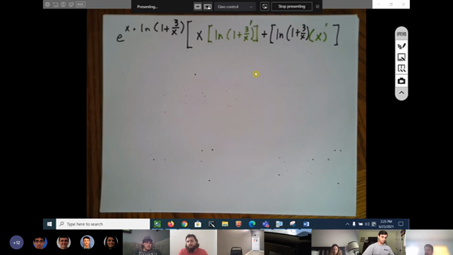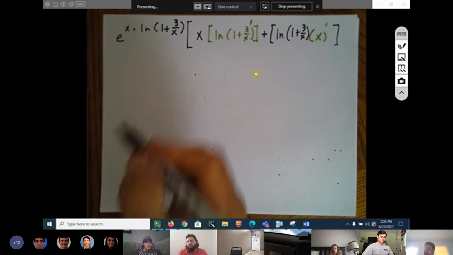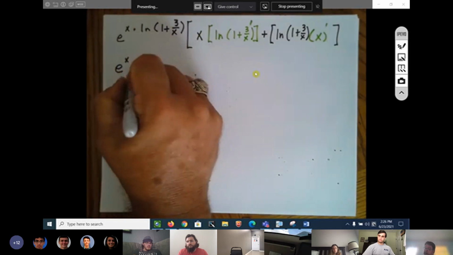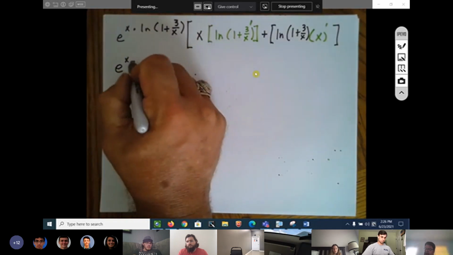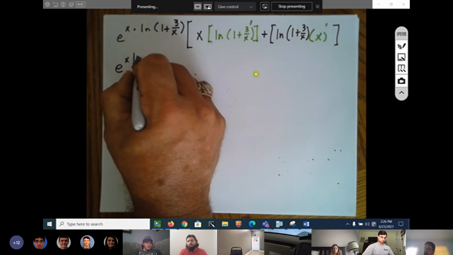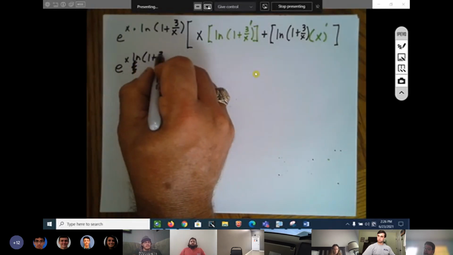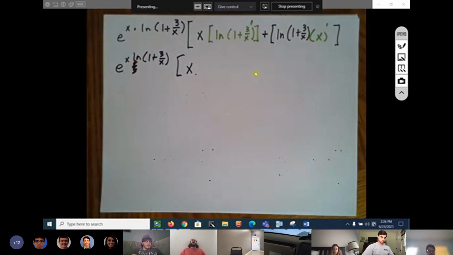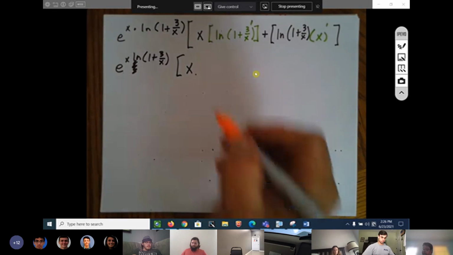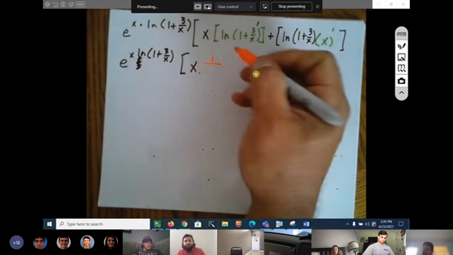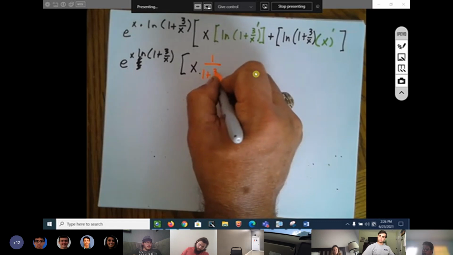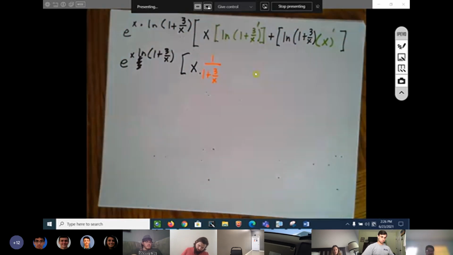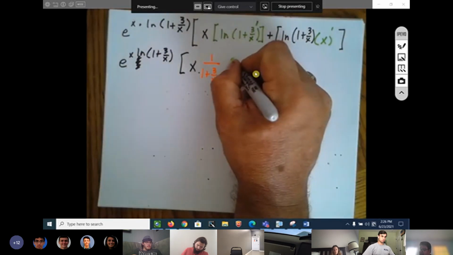And our derivative comes out to be, I'm going to rewrite this, e to the x, natural log, oh, I knew I'd mess that up, natural log of 1 plus 3 over x, and the derivative of the natural log of something is 1 over that something. And then you have to take the derivative of that something. What's inside?